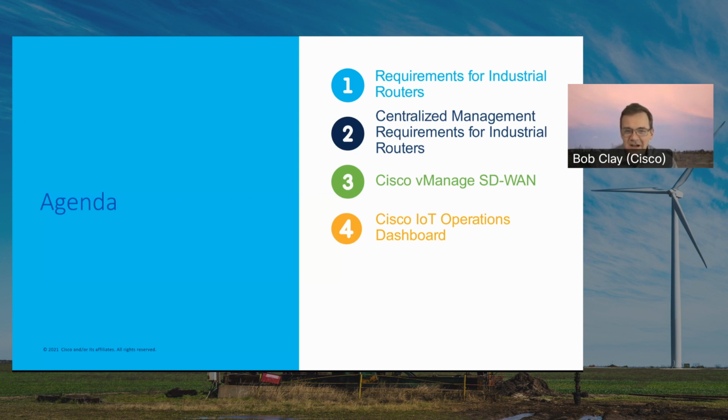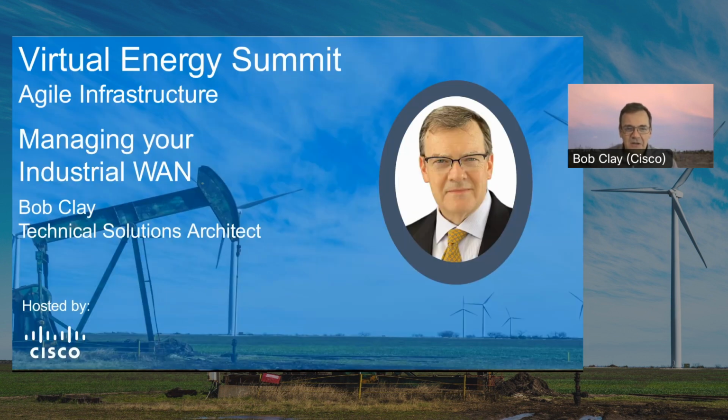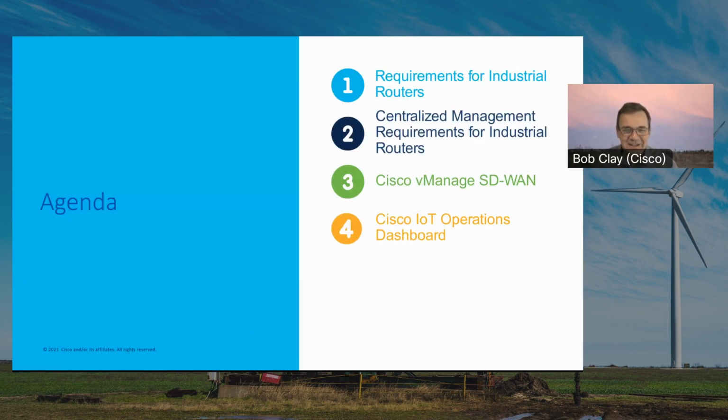So on today's topic, I should back up a little to the title slide: managing your industrial WAN is the title I have. I wrestled with it because we're also managing the router, and apps in the router, which is sort of separate from the WAN. But ultimately, this is the title I came up with.